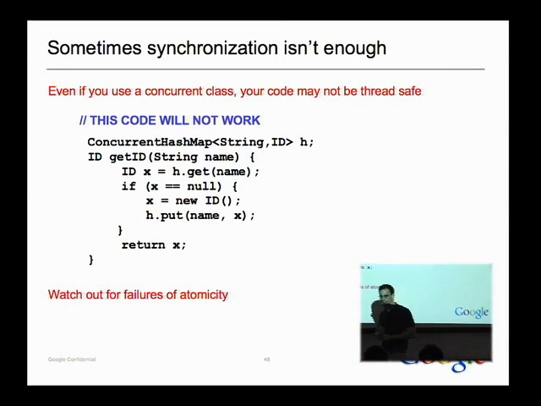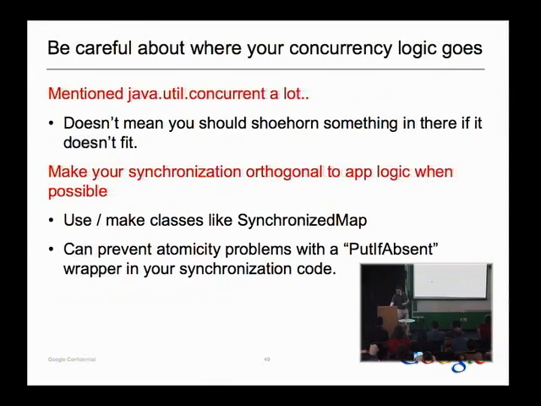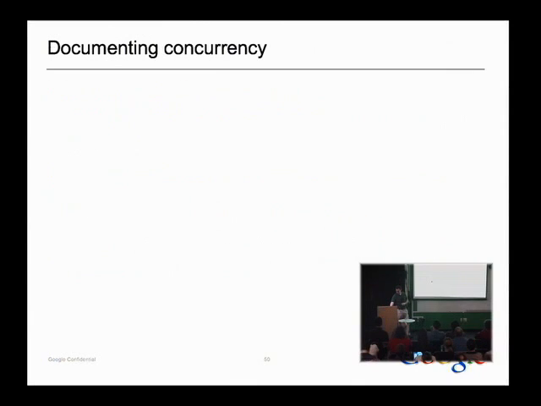So this is what's called an atomicity violation, and it's important to keep an eye out for it in your code. ConcurrentHashMap specifically has something called putIfAbsent, but I can't tell you how many times people have said, oh, well, don't worry, ConcurrentHashMap is thread safe, I don't have to think about these issues.